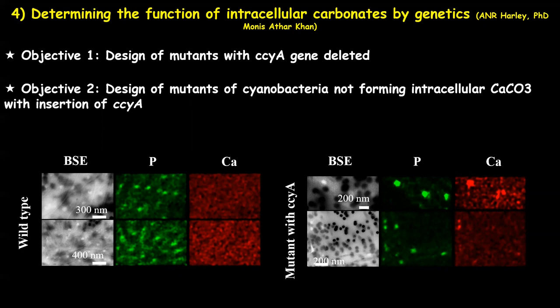And she could show that those mutants were accumulating more calcium than the wild type. But the goal would be the deletion of the gene in cyanobacteria forming intracellular carbonate. Try to see, first of all, if they do not form intracellular carbonate anymore, and try to understand how they might use those carbonates.